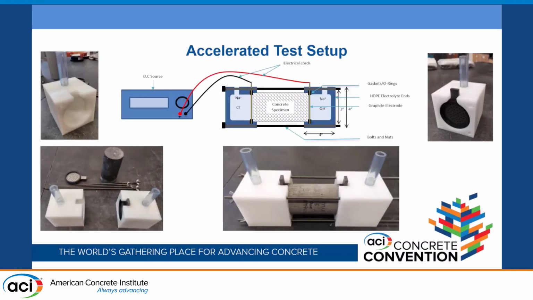We have two HDPE sheets of 4-inch thickness, and a 3-inch concrete cylinder sandwiched between those two HDPE sheets. We also used graphite electrodes because of their stability in a chloride environment. We were trying to avoid corrosion because we'll be running this for a very long time.